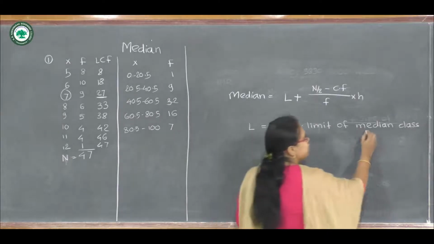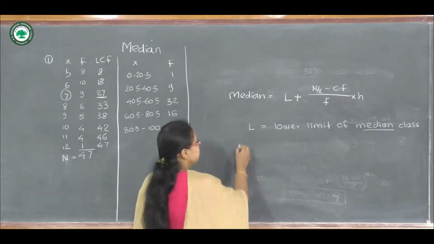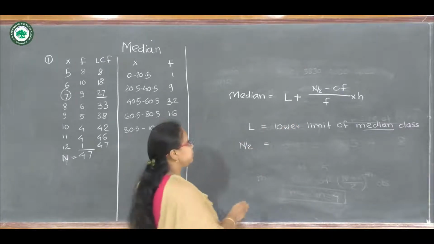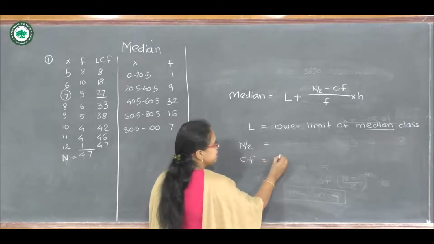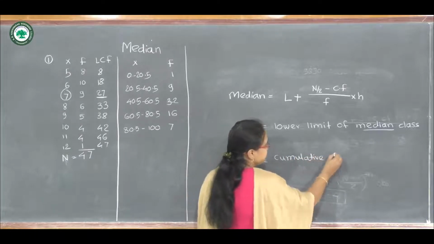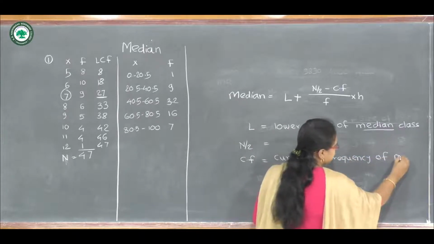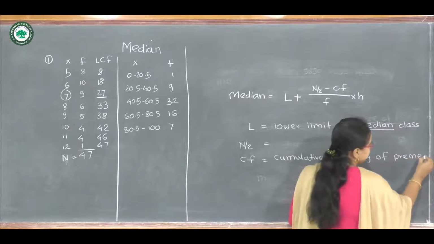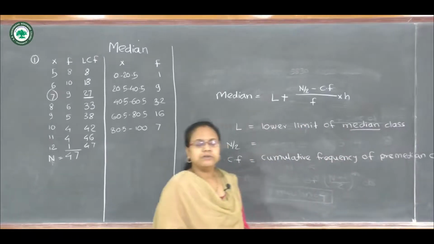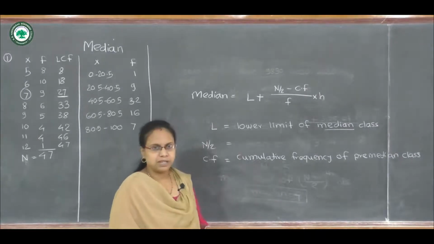In this way we can first calculate the median class, and then calculate these values one by one. So n by 2 is the total number of frequencies or observations upon 2. Then CF means the cumulative frequency of the pre-median class, means the cumulative frequency of the class which is preceding the median class.